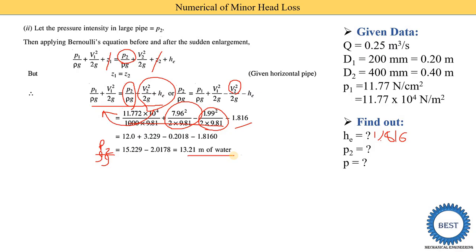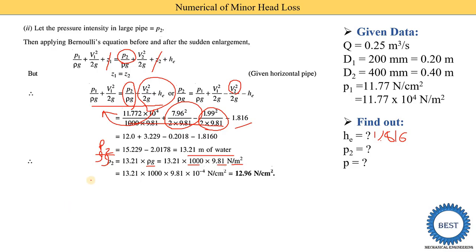But we need to find the pressure intensity, meaning we need to find P2. So rho into g is shifted to the right side, meaning it is multiplied with 13.21. So 13.21 into rho into g, where rho is equal to 1000 and g is equal to 9.81, and it is converted in Newton per meter square.